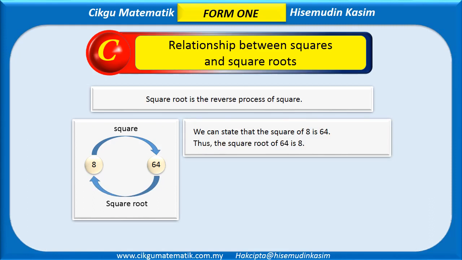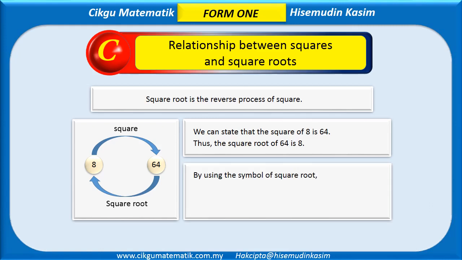Thus, the square root of 64 is 8. By using the symbol of square root, we write the square root of 64 equals 8. We read it as the square root of 64 is 8.